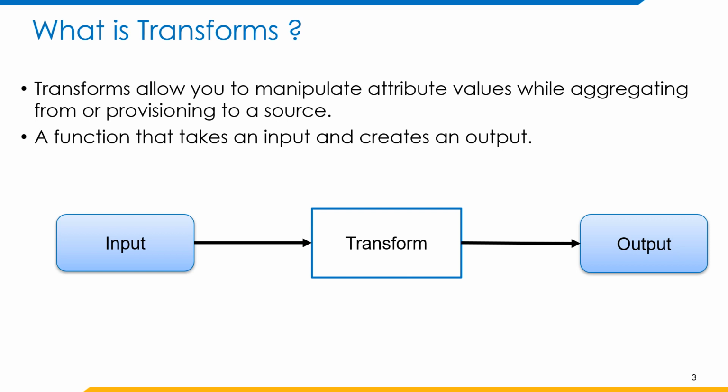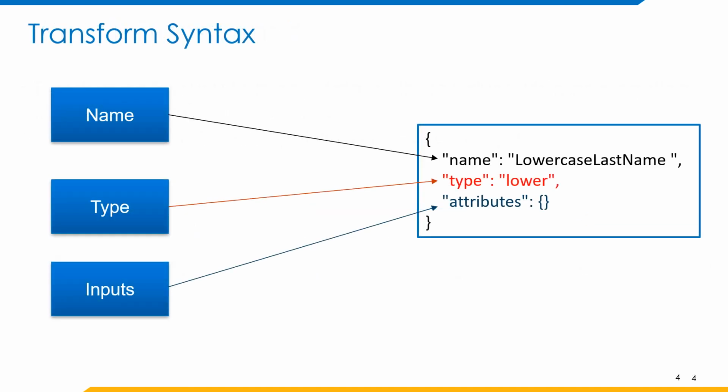In the next slide, we will be further discussing the transform syntax. The transform syntax has the following properties. The basic requirement for a transform is name, type, attributes.